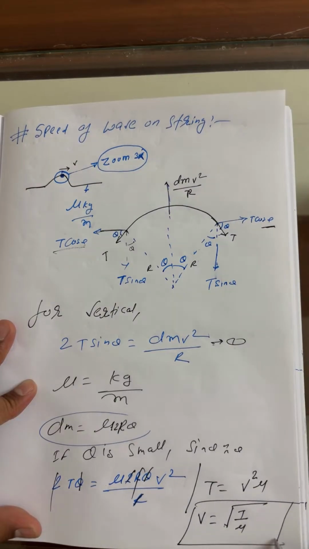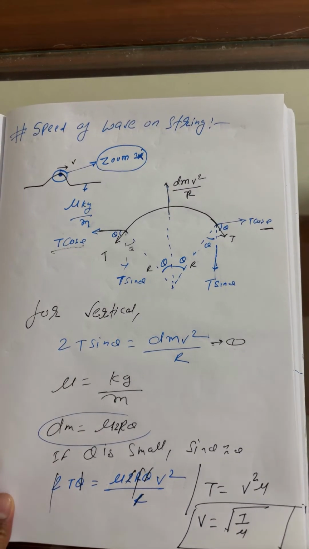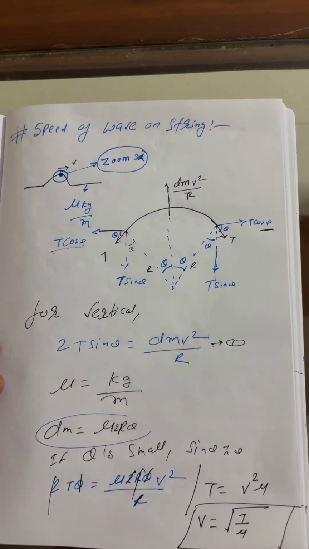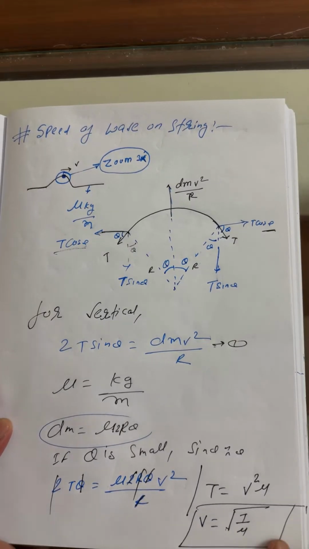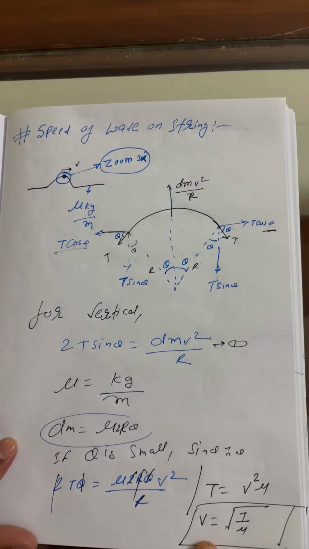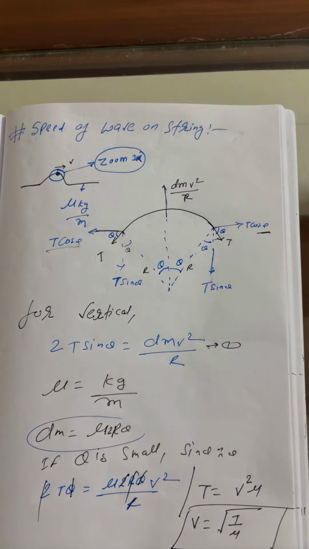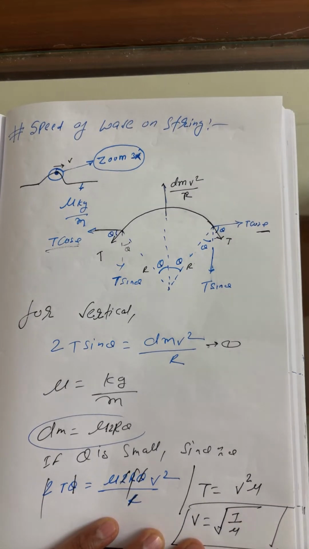Forever keep this formula in your mind: v is equal to root of T by mu, the speed of a wave on a string. I hope all of you understand how it came. In fact, today we already used this formula.